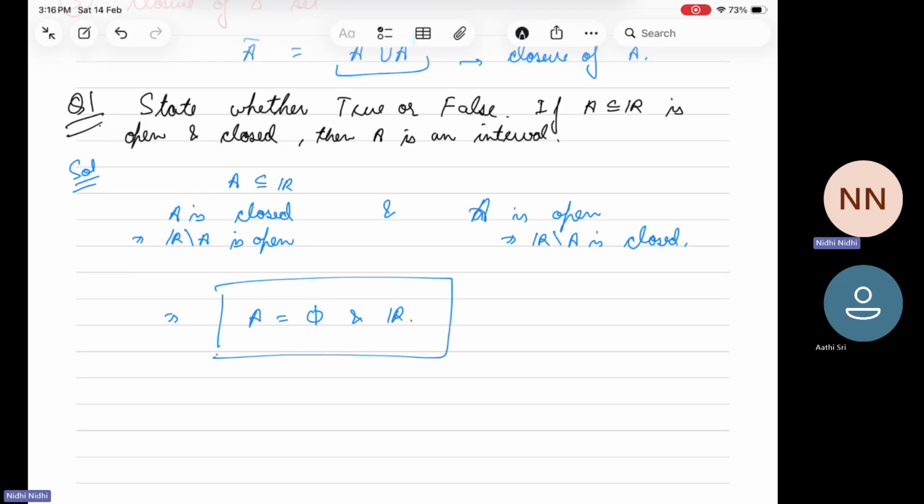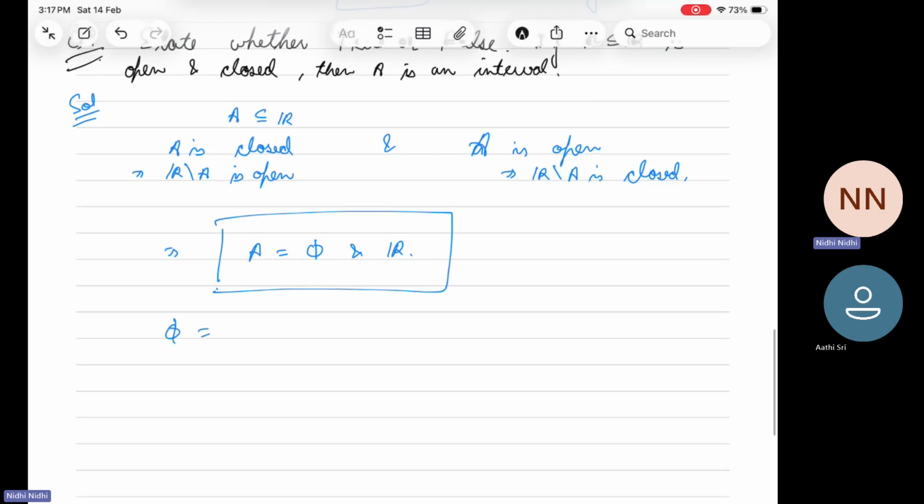These are the only two sets in the set of real numbers which are open as well as closed simultaneously. Now clearly we can write phi to be the open interval a to a for any a in R, and R can be written as open interval minus infinity to infinity. Then also clearly both of them are intervals, and hence the statement is true.